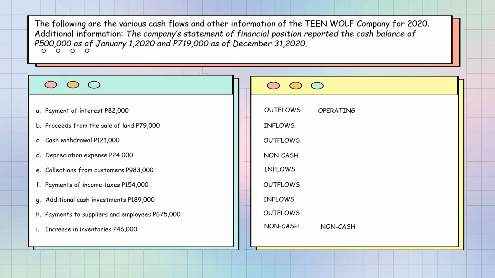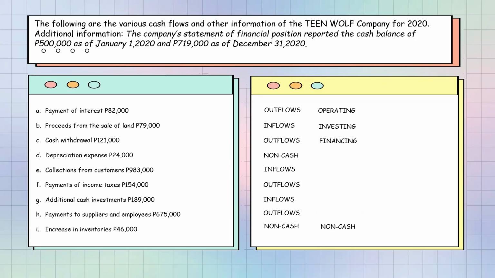Kasi nagbayad tayo, so siya ay cash outflow ng operating activities. So, number 2, since involve ang non-current asset, kasi non-current asset yung land na binenta natin, syempre, investing siya. So, dito, may cash withdrawal. Kapag involved yung withdrawal, that is under financing activity.